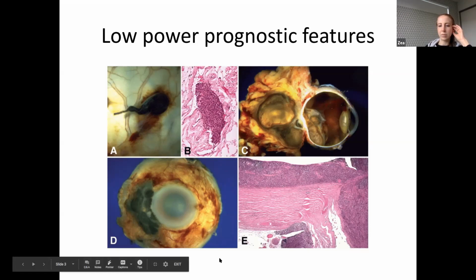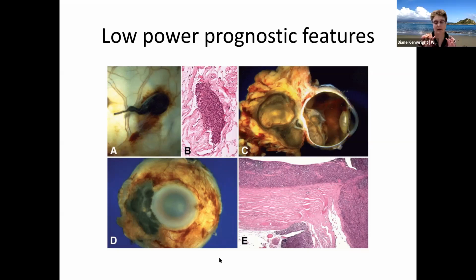If you're asked to describe the macroscopic features, don't forget to describe the outside of the eye, as well as the inside of the eye, as well as what you can see through the ophthalmoscope. So three things: ophthalmoscope, cut section, and what you can see on the outside of the eye when describing the macroscopic and prognostic features.